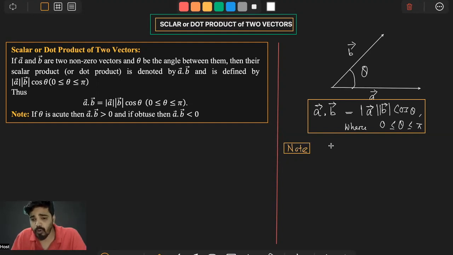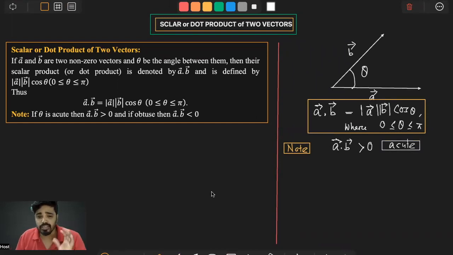So it is very important: theta is acute angle, then A dot B is greater than 0. And if A dot B is less than 0, that means theta is an obtuse angle. So if theta is obtuse, then A dot B must be less than 0.